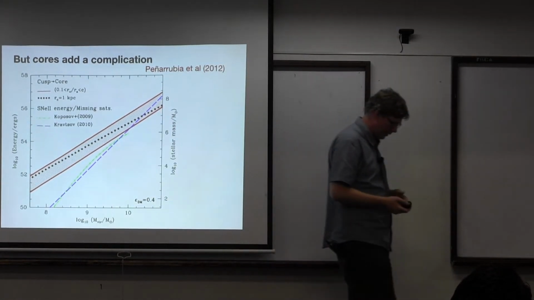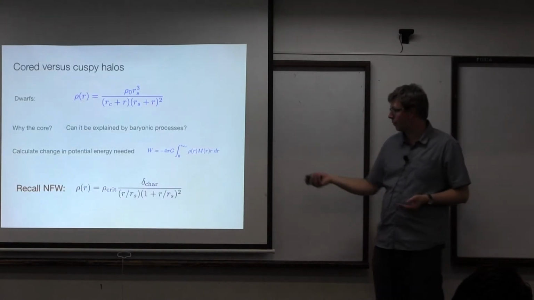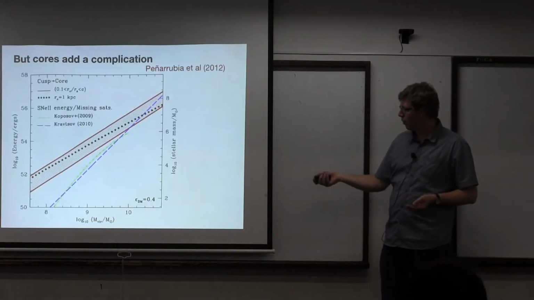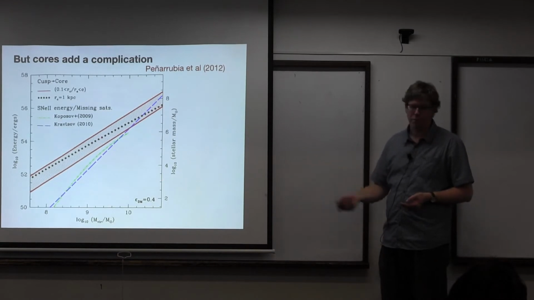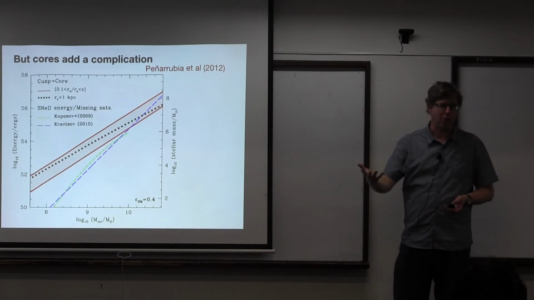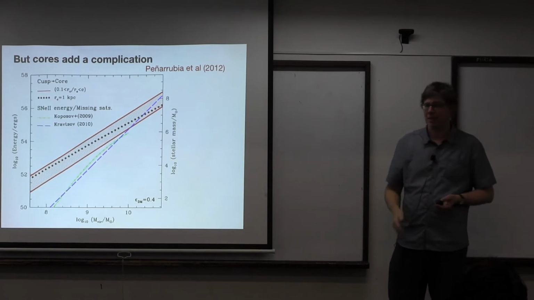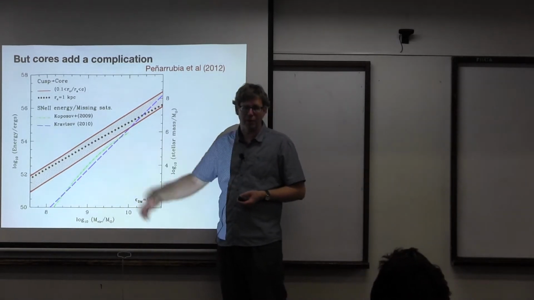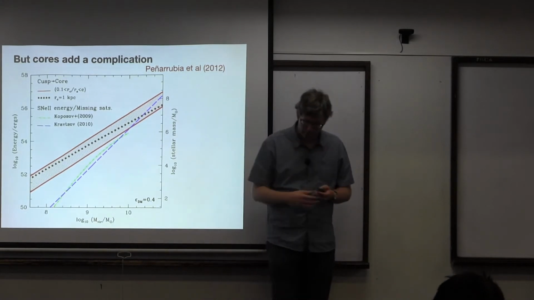The analysis they did was essentially what I described. They just calculate this potential energy difference, plot it up here, and find out the maximum number of stars that you can form and still be consistent with the missing satellite problem. Maybe you need to do a more in-depth study, but it's quite interesting.